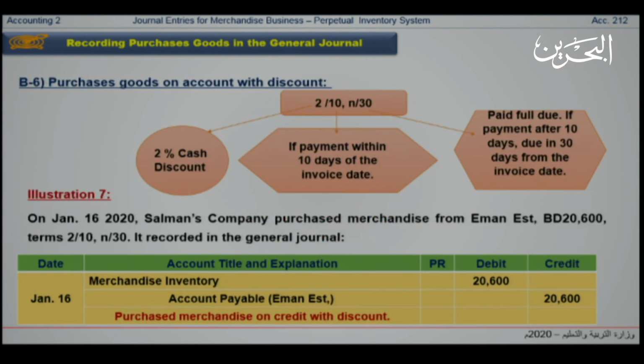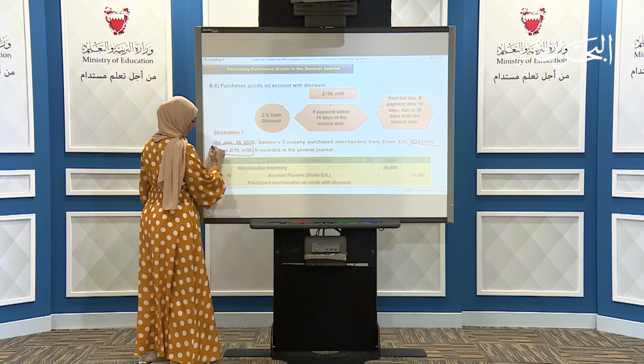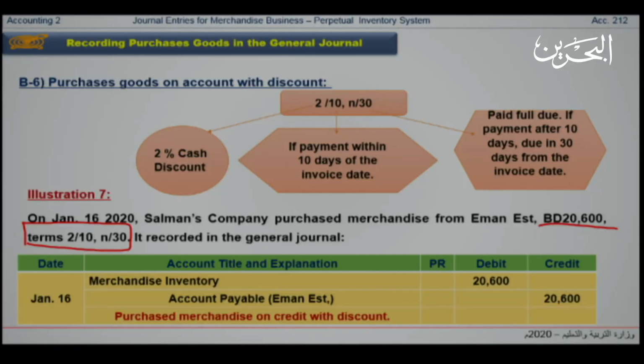Shifting to the purchase of goods on account with discount. Let us take this example. Salman Company purchased merchandise from Iman with an amount of 20,600 with this term. Let us take more details for the term.